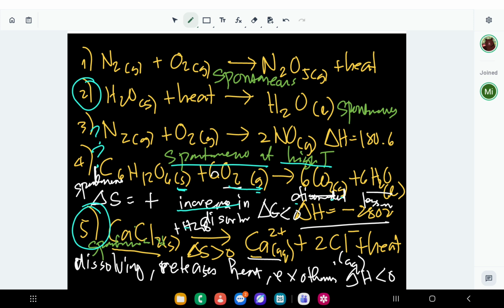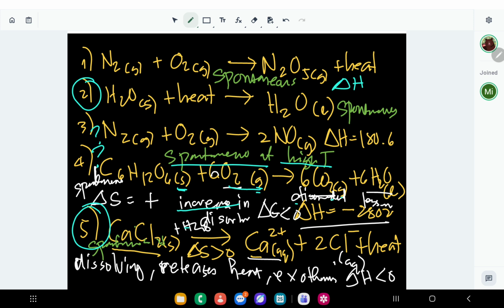What do you think of this? Okay, the bonds break, right? So what will happen to the enthalpy? But when bonds are formed... analyze this one, number 1.